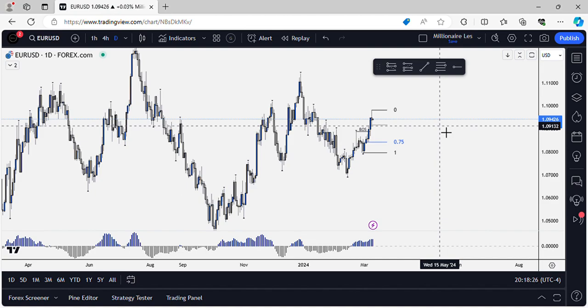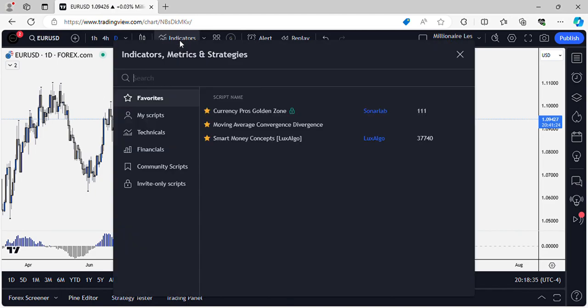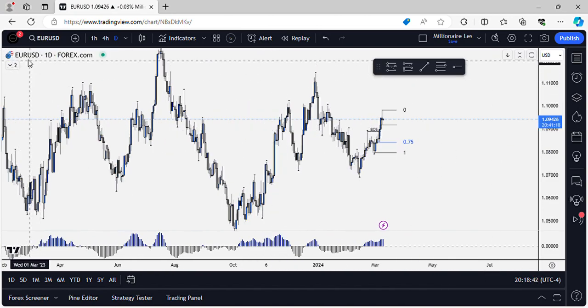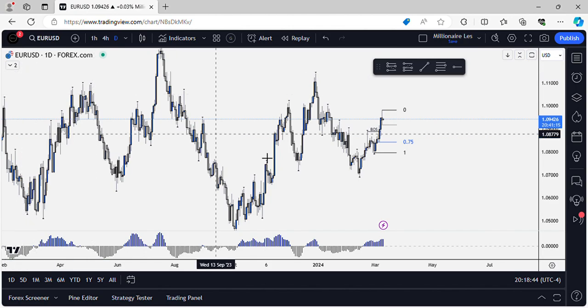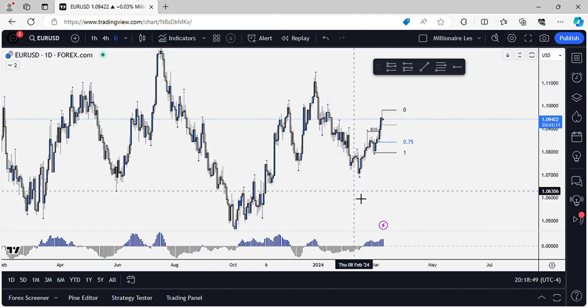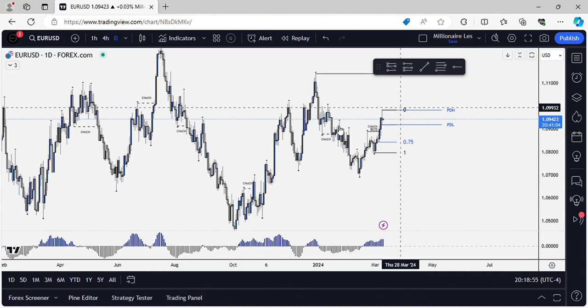So going into the indicators that I use. If you remember my video from last year, I have the MACD on the bottom. You can just go to indicators, type in MACD, moving average convergence divergence, and it will show up. As you can see, there are not as many indicators as last year. Last year I had the fractals because I was using them to tell me the internal and external structure. I also had the Smart Money Concept by Lux Algo that gave me all the breaks of structure.